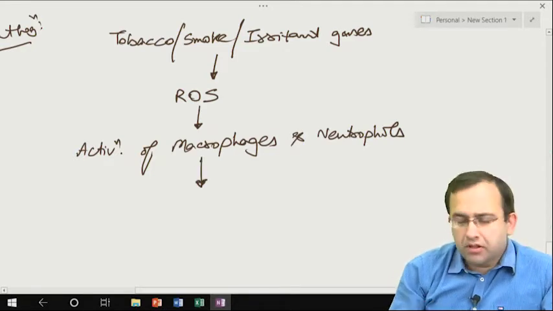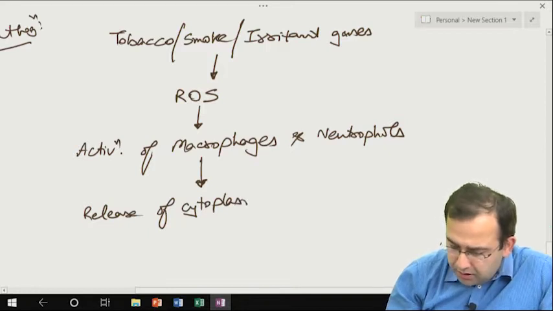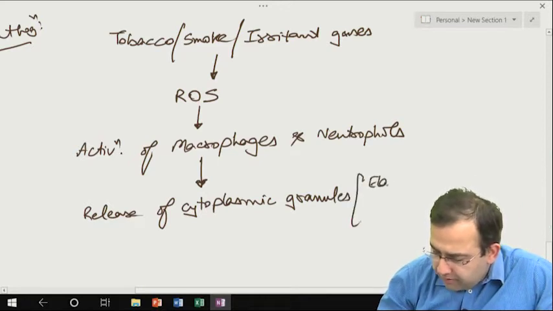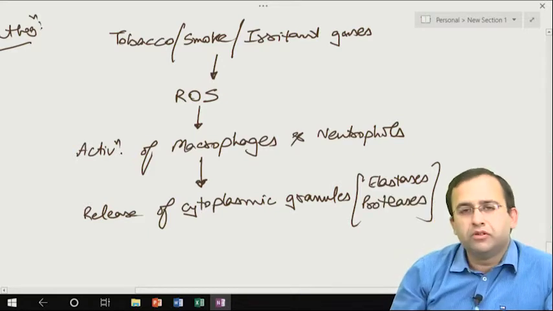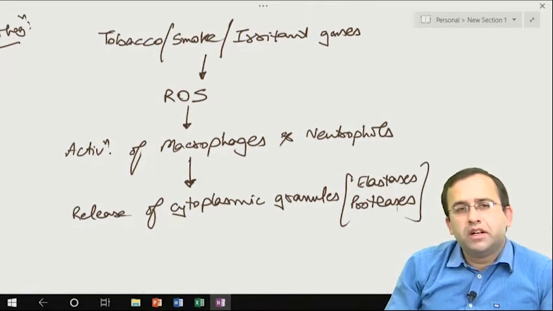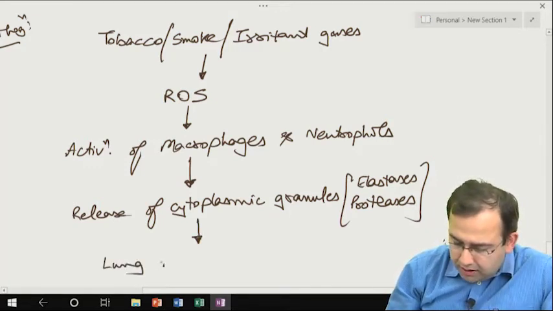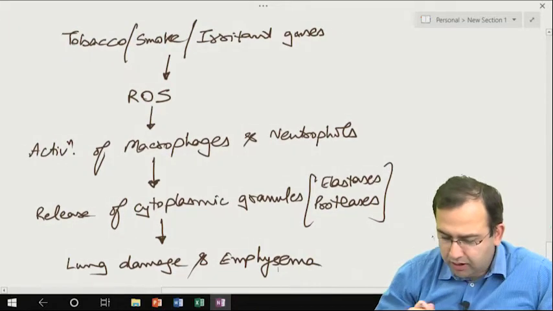Neutrophils release cytoplasmic granules, which contain elastases and proteases. We saw this in the granules of inflammatory cells and cell injury. This in turn leads to lung damage and emphysema.